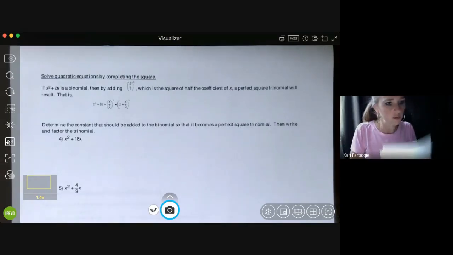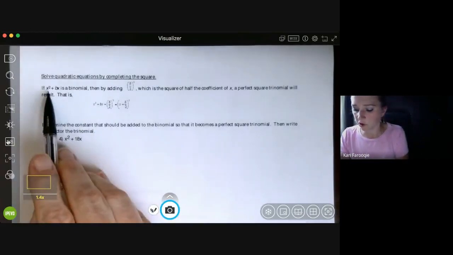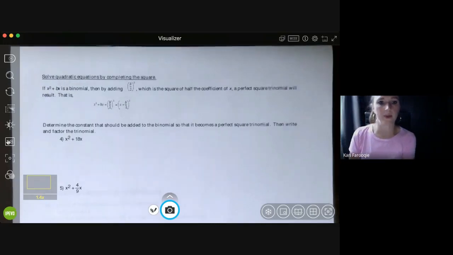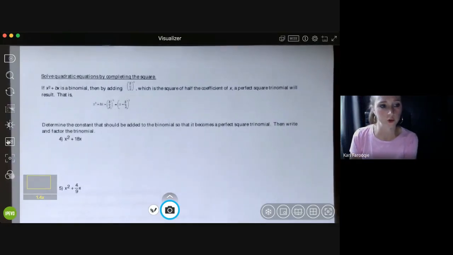If x squared plus bx is a binomial, a polynomial with 2 terms, then by adding half of b squared, which is the square of half the coefficient of x, a perfect square trinomial will result.